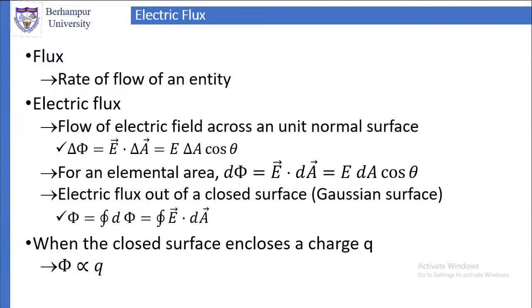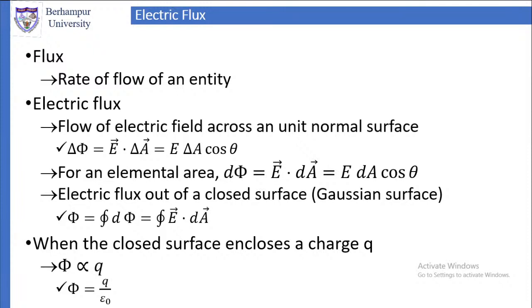Then phi, the flux, is proportional to Q, or actually the charge is proportional to the flux. So Q is proportional to phi. If Q is proportional to phi, then we can say Q is equal to epsilon 0 phi. What is epsilon 0? Epsilon 0 is the constant of proportionality. If it is free space, if the volume is not a dielectric, then the constant of proportionality is epsilon 0.